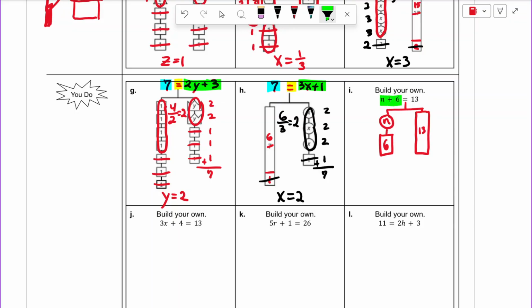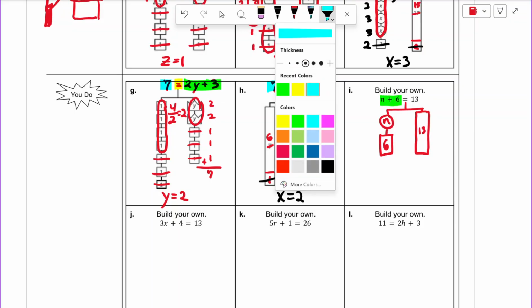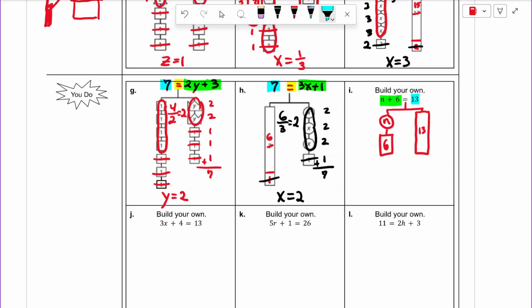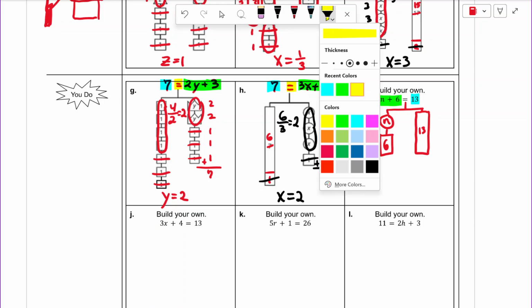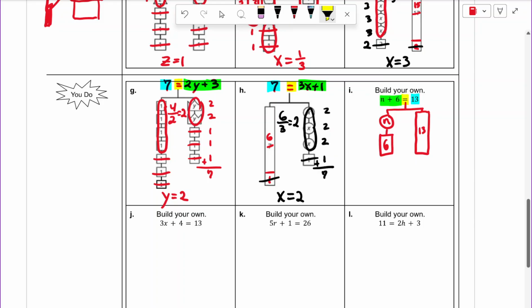My variable's on the left side. My answer's on the right side, and my equal sign is right in the center. All right, let's go ahead and start. So we have 6 over here, no 6's over here, so I'm going to borrow from the 13 and create a 6. And 13 minus 6 gives me 7 left over. So now I can cross out my 6's, taking the 6's off. And now I have 7 left over, and I have only 1 n.